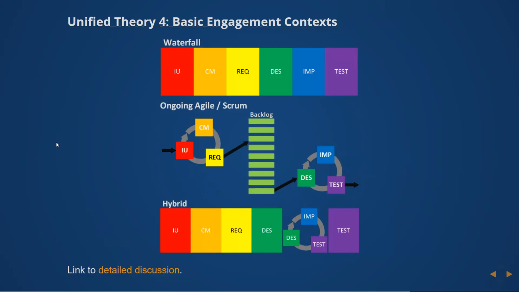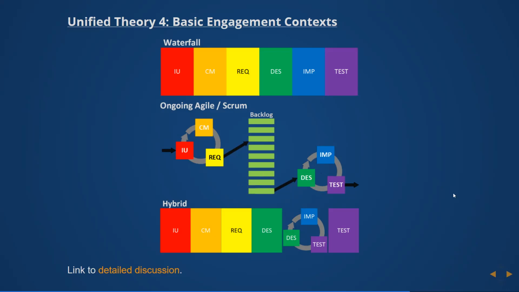In Agile and Scrum, that's even more true. You've got some people putting stuff into the backlog. That work usually involves the first three phases, and then the backlog is groomed and prioritized, and implementation and design teams pluck stuff off the backlog and implement and release it.